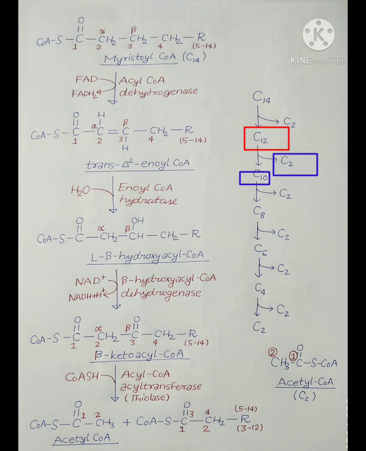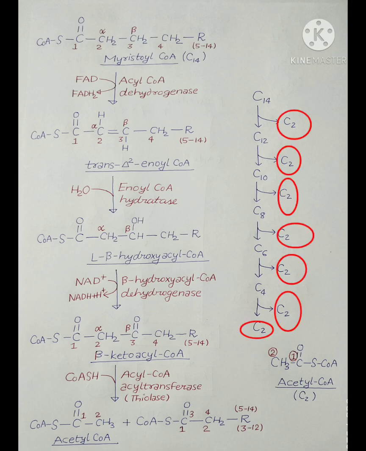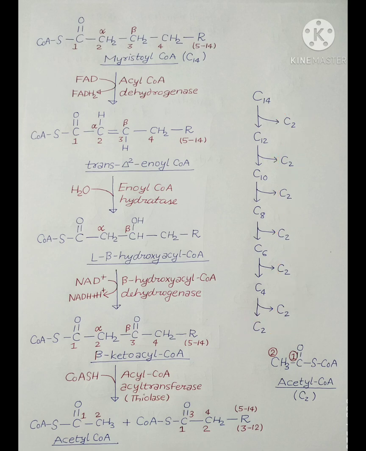In the next 4 steps, the 10 carbon compound will break down into a 2 carbon compound and an 8 carbon compound. In this way, finally 7 molecules of the 2 carbon compound will be formed, and this 2 carbon compound is nothing but acetyl coenzyme A.